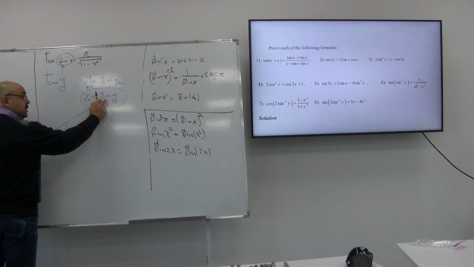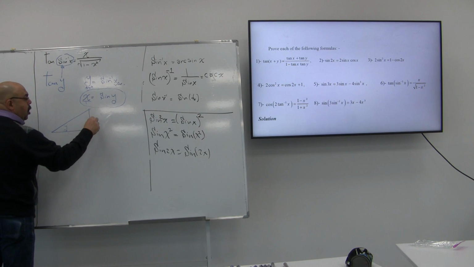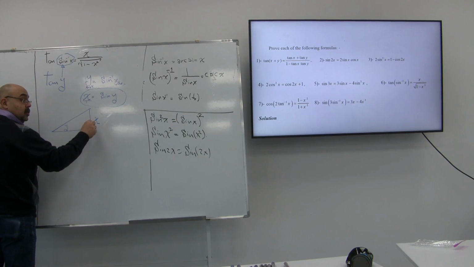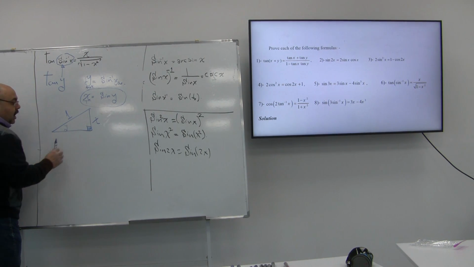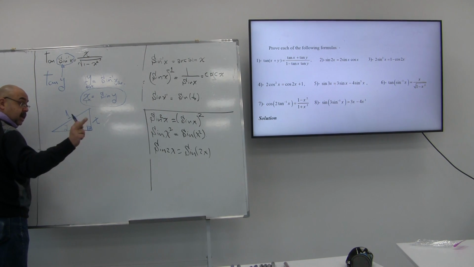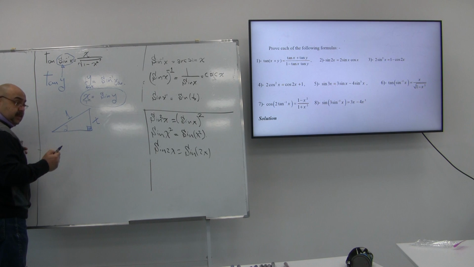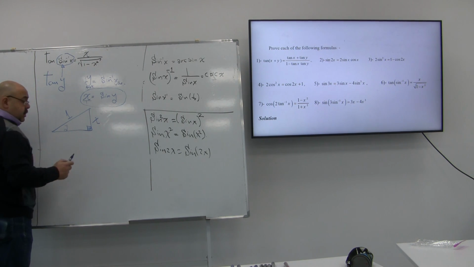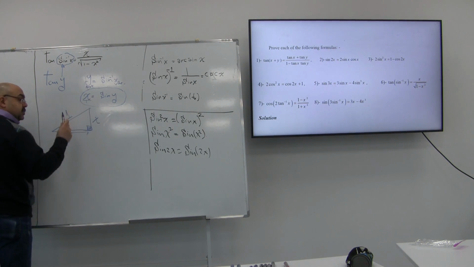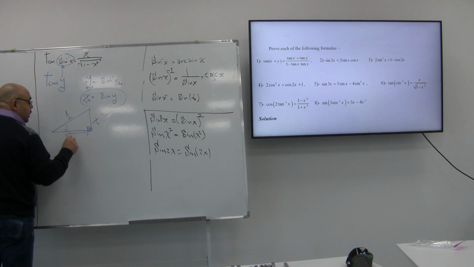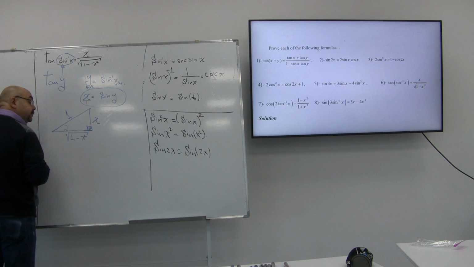But I know that the sine equals the opposite, which is x, over the hypotenuse, which is 1. And for this side, I can get its value, which is simply, according to Pythagorean, the root of the hypotenuse squared minus the opposite squared, which is going to be the root of 1 minus x squared.